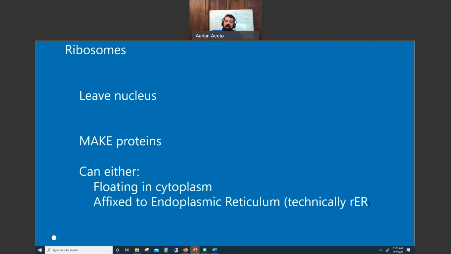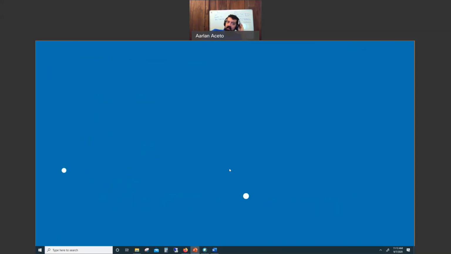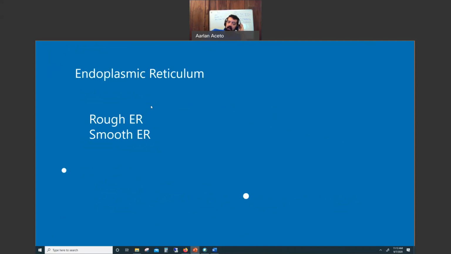The rough ER simply is an ER that has ribosomes affixed to the outside, so it's essentially bumpy on the outside. Ergo, rough endoplasmic reticulum. If you have the ER that has no ribosomes, that's the smooth ER. Pretty simple. Rough has ribosomes on the outside, smooth does not.